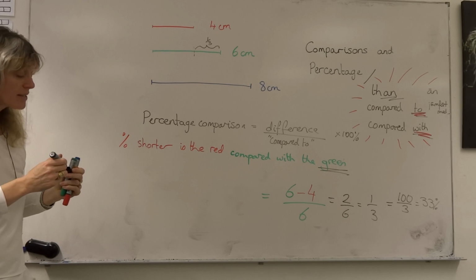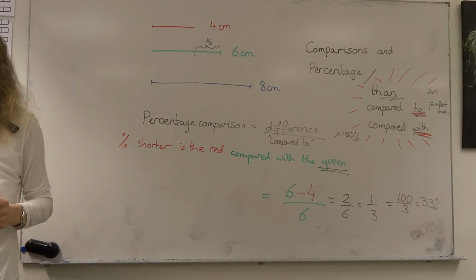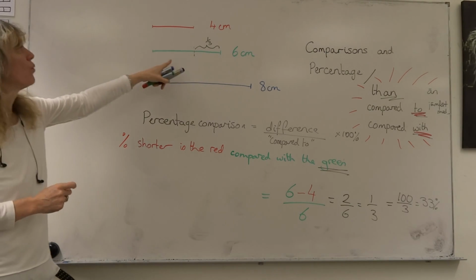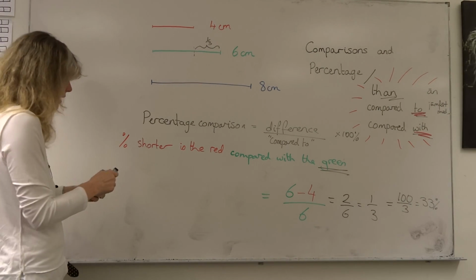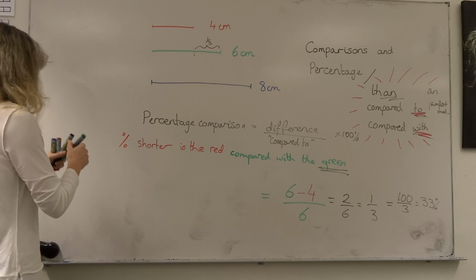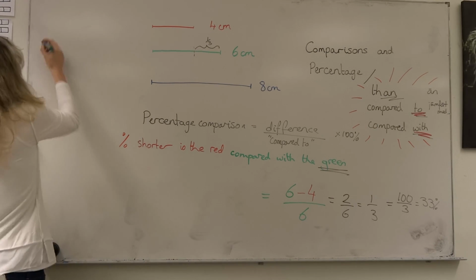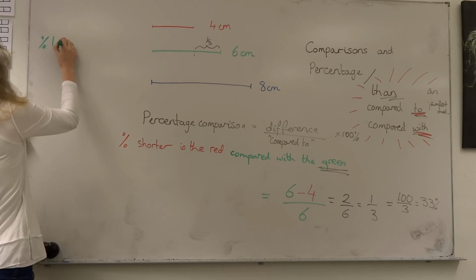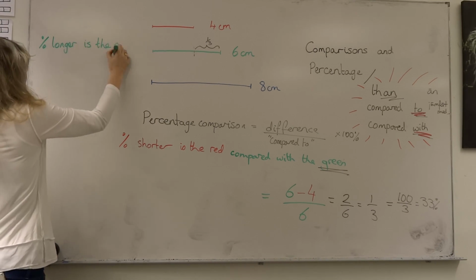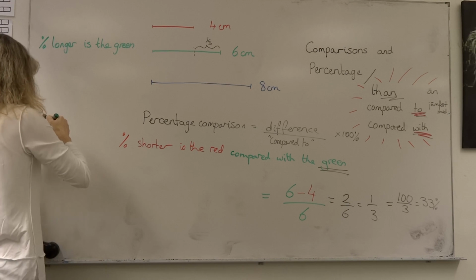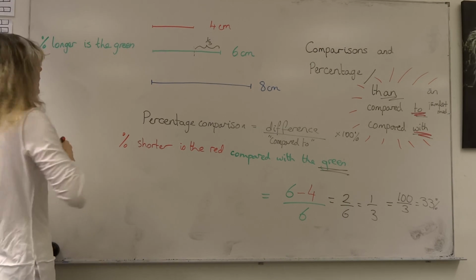But if I asked how much longer is the green one compared with the red, we'd get a very different answer. Let's do that as well. How much longer, percentage longer, is the green compared with the red?